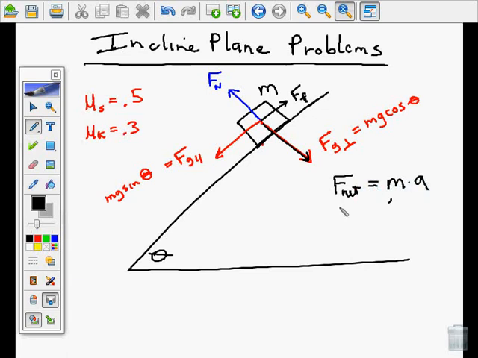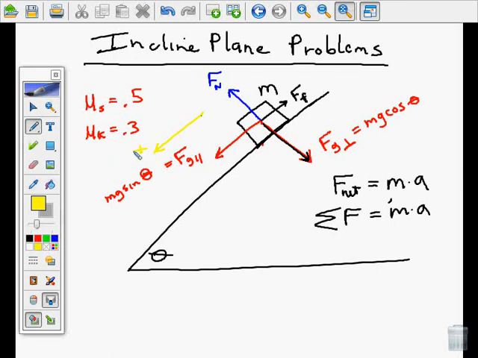Some physics teachers write it as the sum of the forces equals m times a. Either is fine. Well, I know that the object wants to slide down the ramp, so I'm going to make this direction my positive direction.